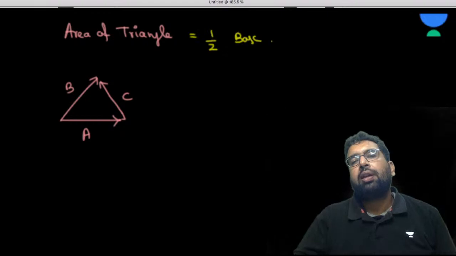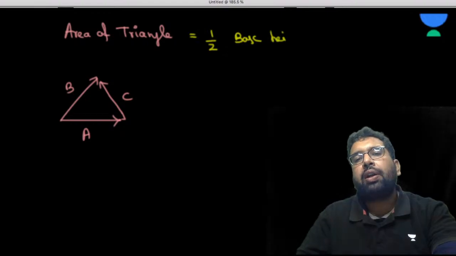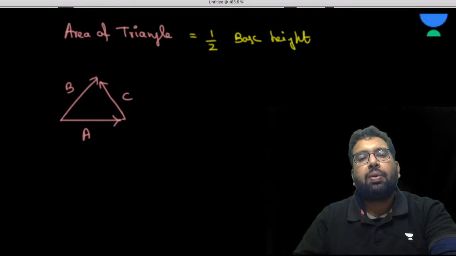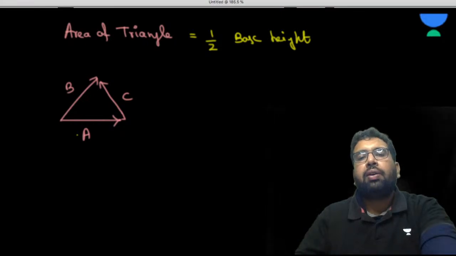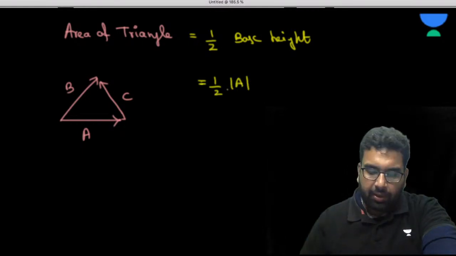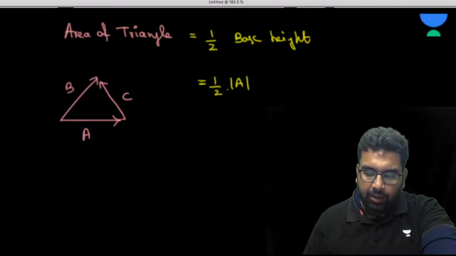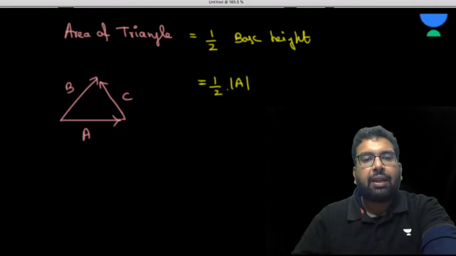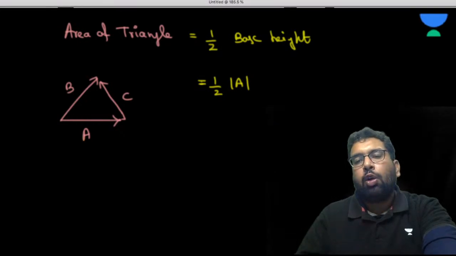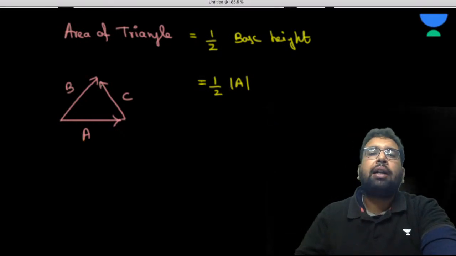We are absolutely aware of it: half base into height. Now, what is this base? The base is the magnitude of this vector A. What is this height? This height is going to be this.